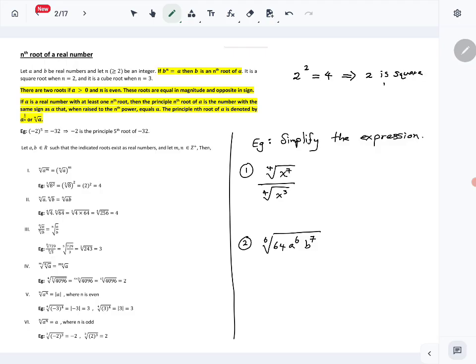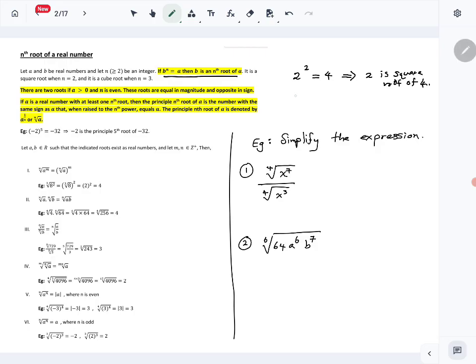Square root of 4. That's what this statement says in general. So here b is 2, a is 4. So then 2 is the nth root. Here second root means square root of 4.